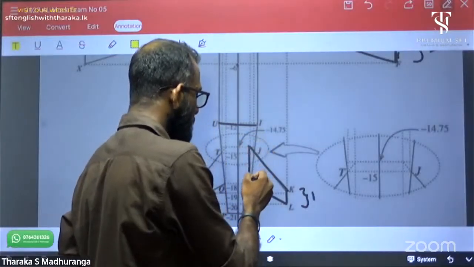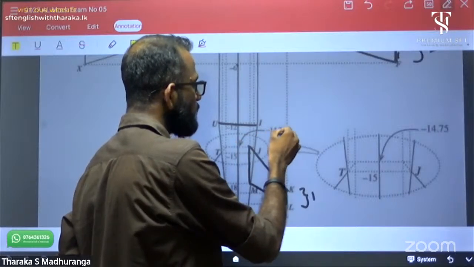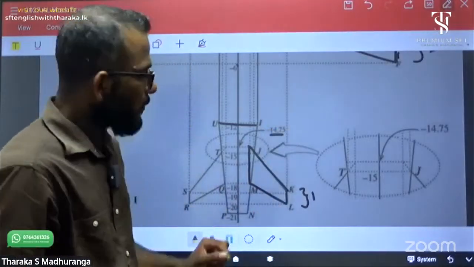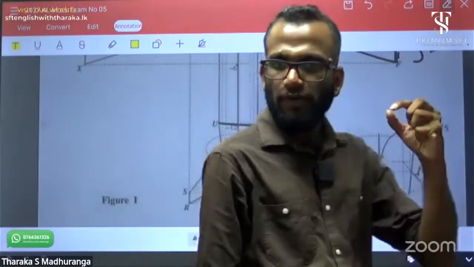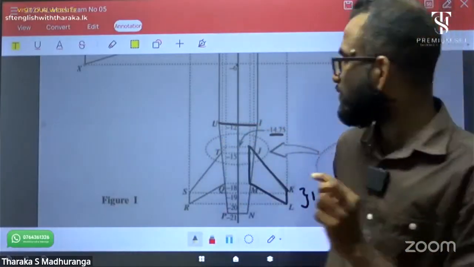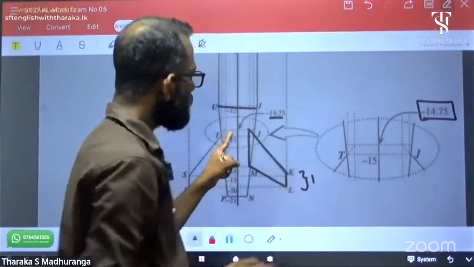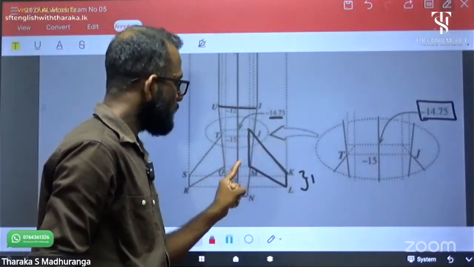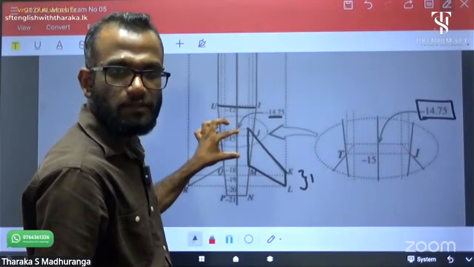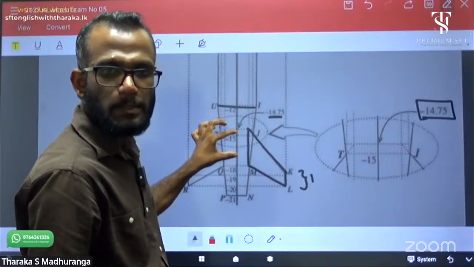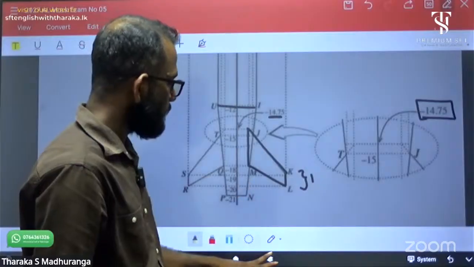For M to this point, the M coordinate is 18, and the coordinate given in the figure is 14.75. 18 minus 14.75 is 3.25. So this distance is 3.25.